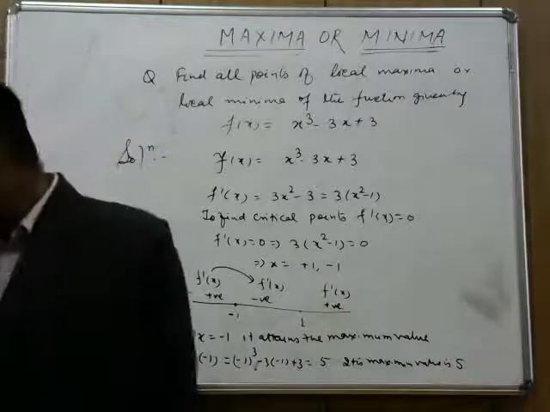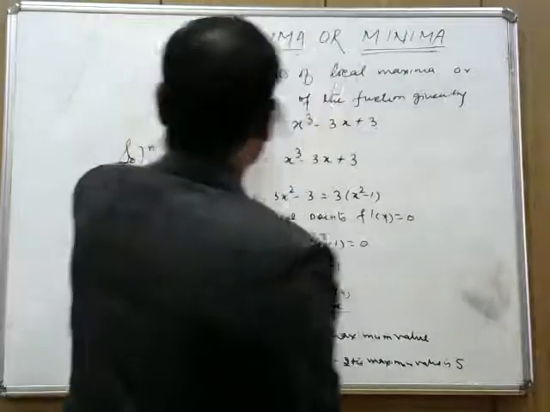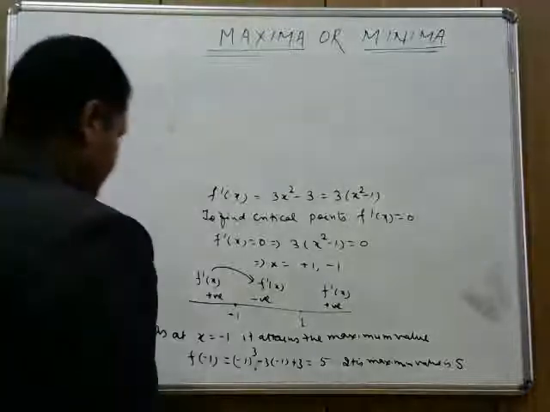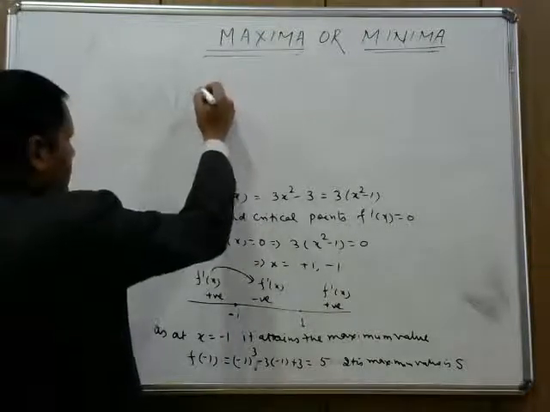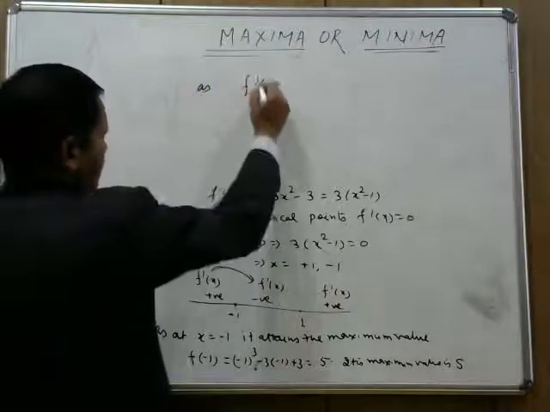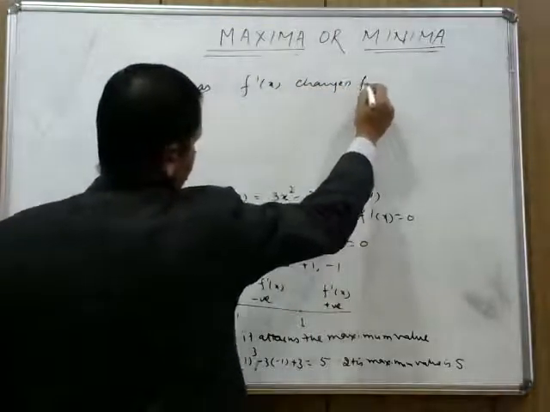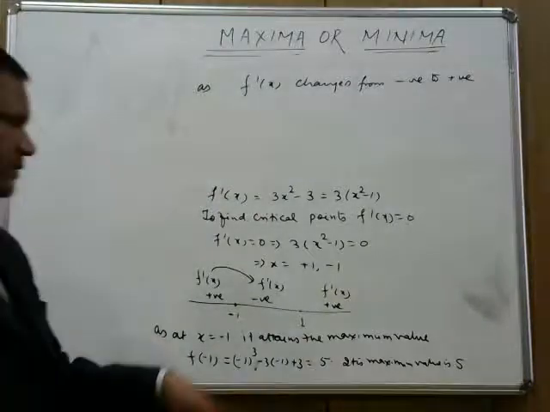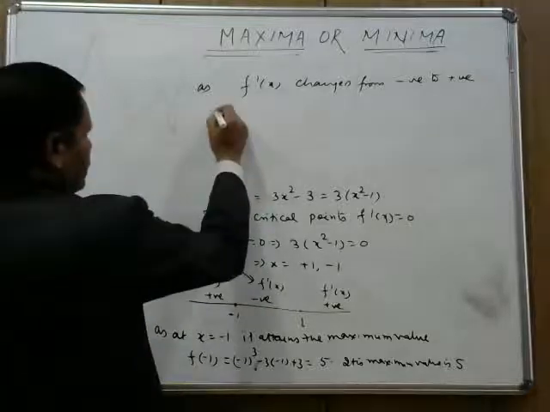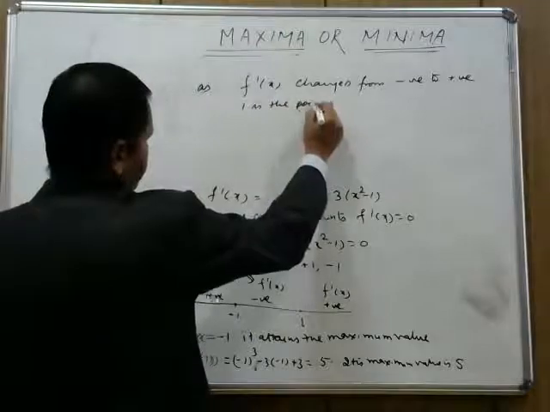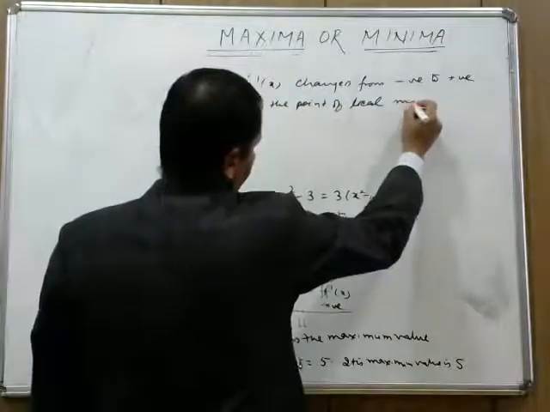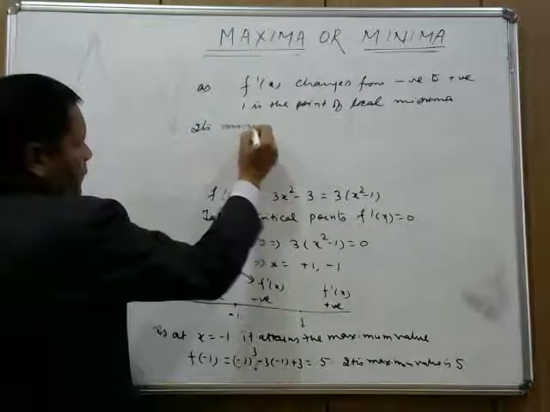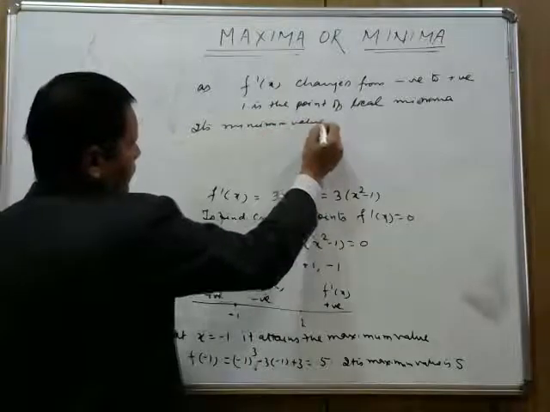That's why we will write that as f dash of x changes from negative to positive, therefore 1 is the point of local minima, and its minimum value is f of 1.